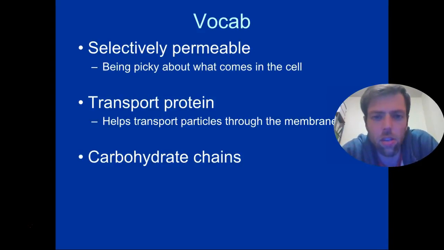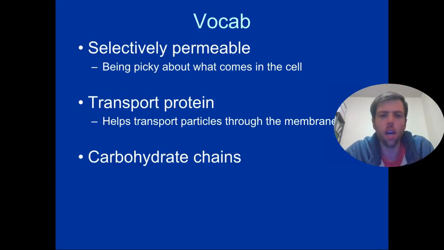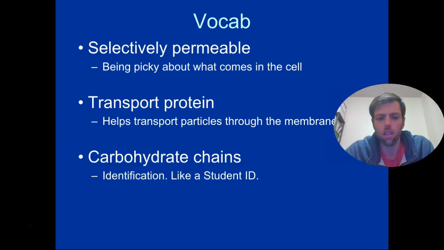Okay, let's talk about those weird carbohydrate chains that were dangling off the top of the picture you drew. Carbohydrate chains are like the student IDs of the cell. Your cells don't have eyeballs in them, so they communicate a lot by touch. Those carbohydrate chains are the ones that say, hey, I'm cool, I belong in this organism.